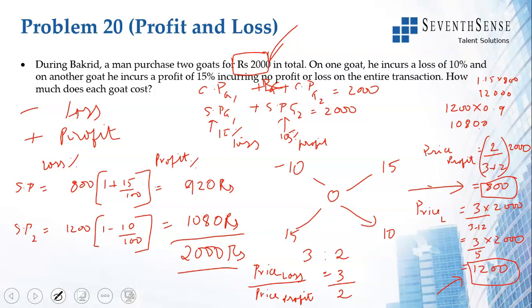I'm making a profit on one goat of 15% and a loss on the other goat of 10%, but overall I'm not making any profit or loss, which is what the question says. And the cost prices of the goats are 800 and 1200.